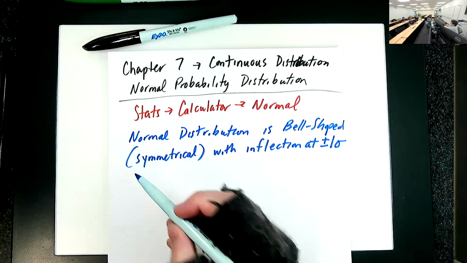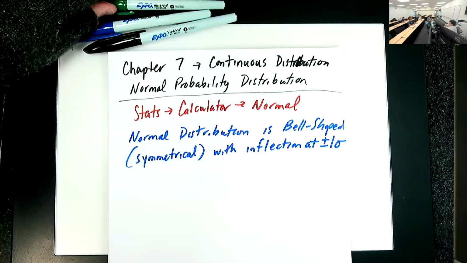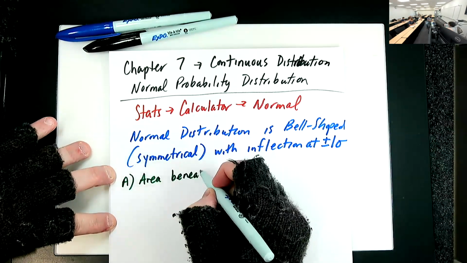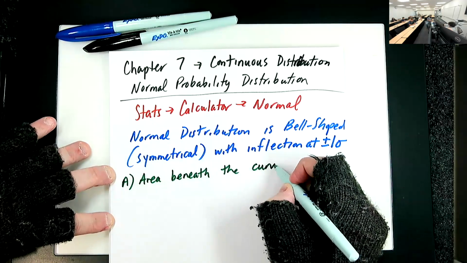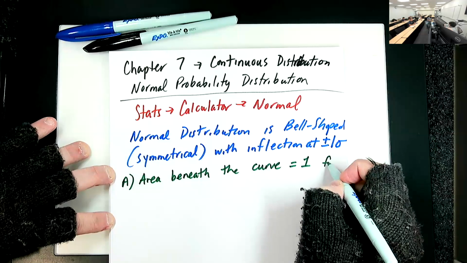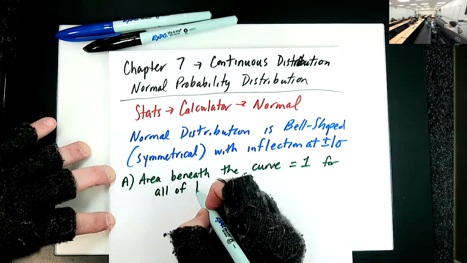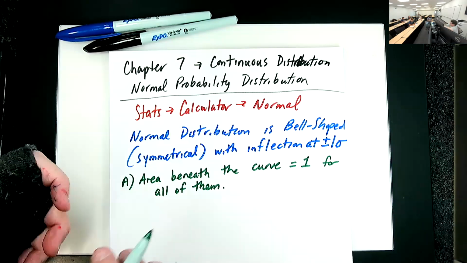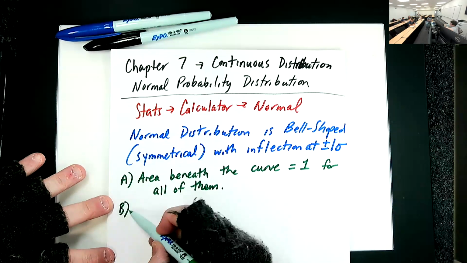The things to note are the area beneath the curve equals 1 for all of them. It is symmetric about the mean.